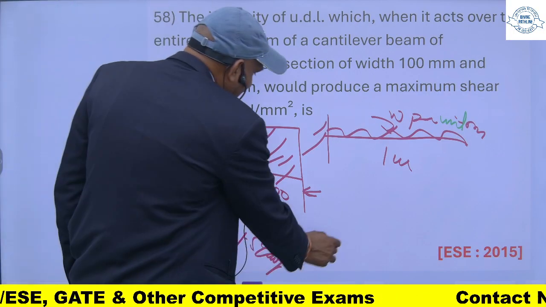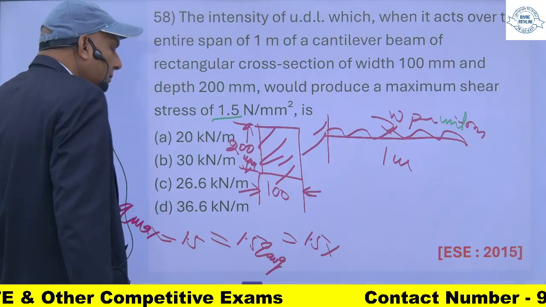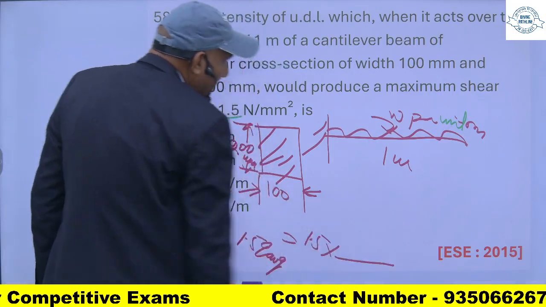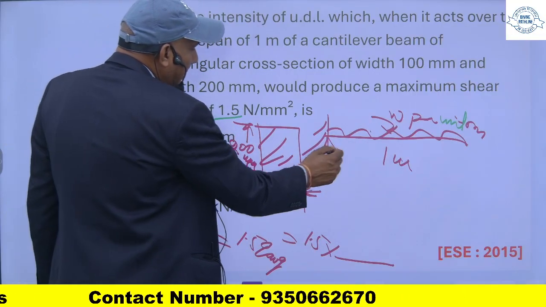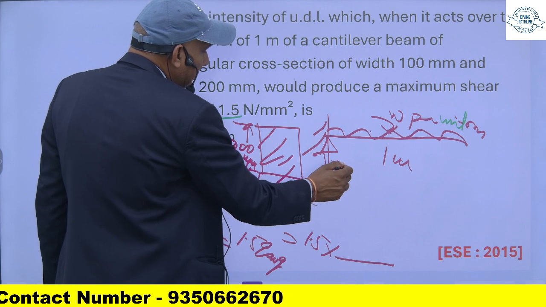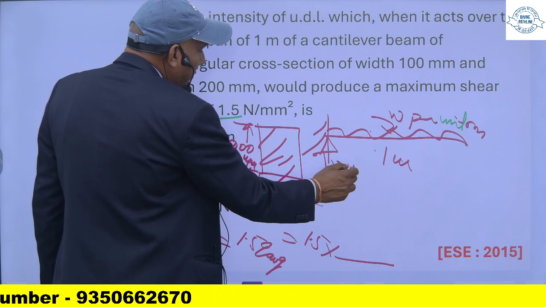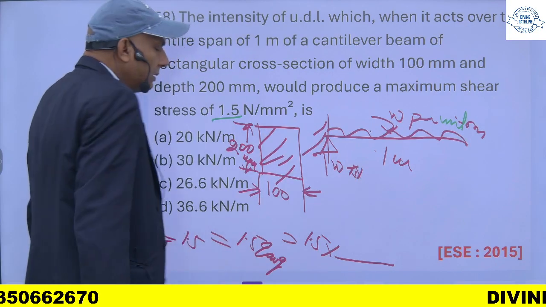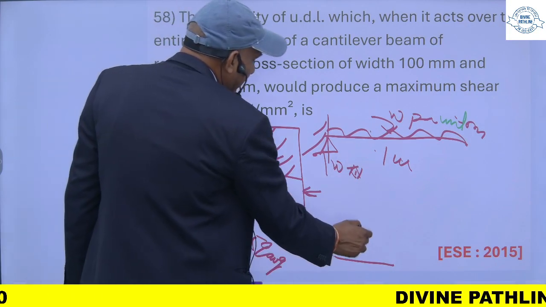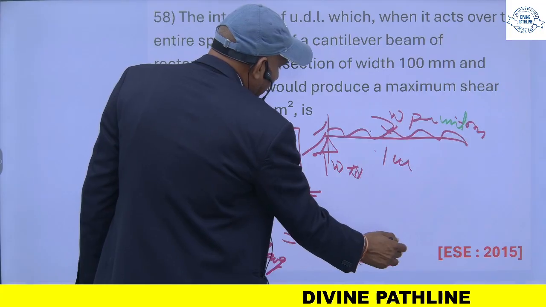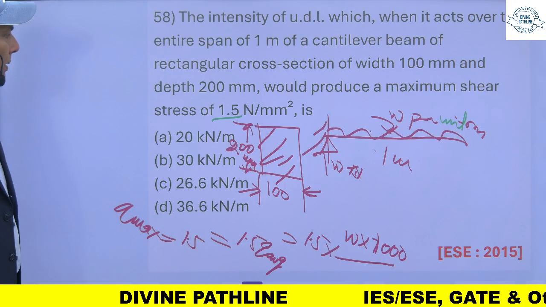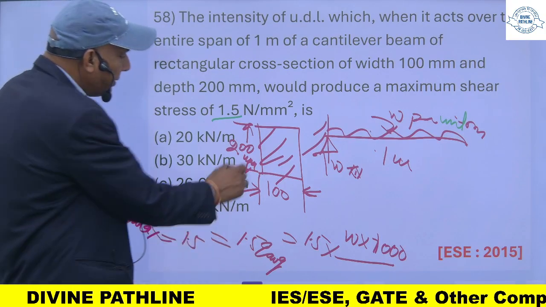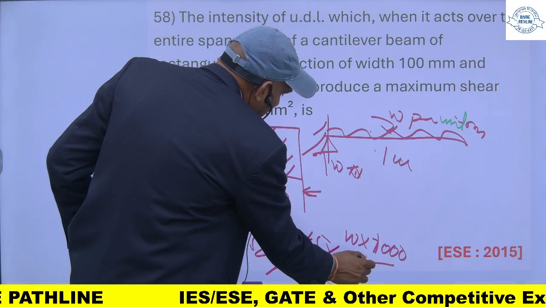Q average will be shear force upon cross sectional area. The total load is W into 1, so the reaction here will be W into 1, which is W kilonewton. This is the shear force. If I convert it into Newton, I multiply by 1000. This is divided by the cross section area, 200 into 100.